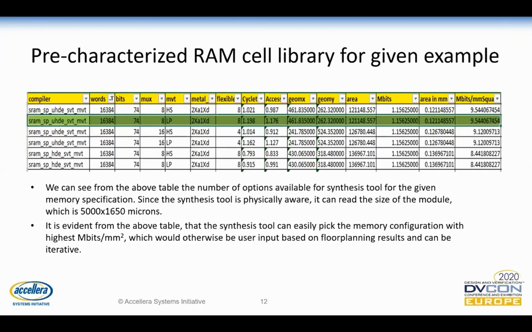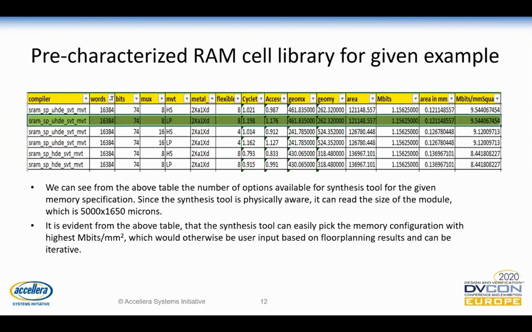Now, with the new pre-characterized RAM cell library after memory compilation, we will see new parameters defined in them. It will look like this table. Now, you can see there are n configurations for one type of memory cell, just like we had before. However, what's new is we have a metric which can be used to determine the best memory suitable for a given design.